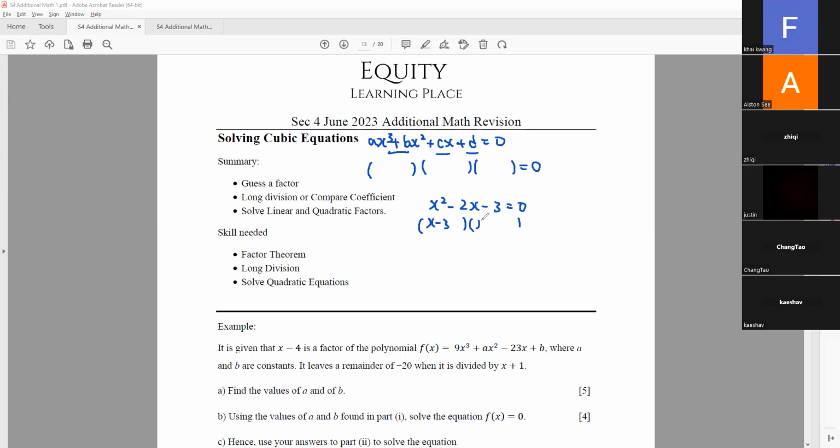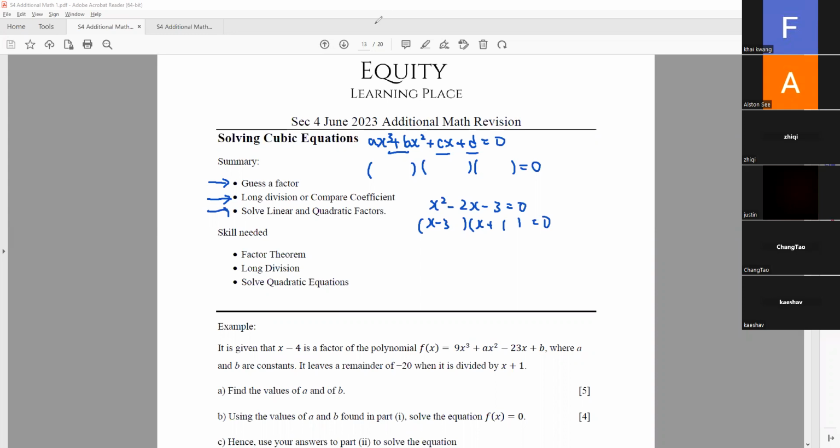You can easily see and write down the answer. Cubic equation, not so easy. So how to do it? We have to guess a factor. In this generation with your calculator, we don't really guess an answer. We just use your calculator and pretend to guess an answer. Next, you do long division to find the other factors. Lastly, once you factorize, you solve it like how we factorize.